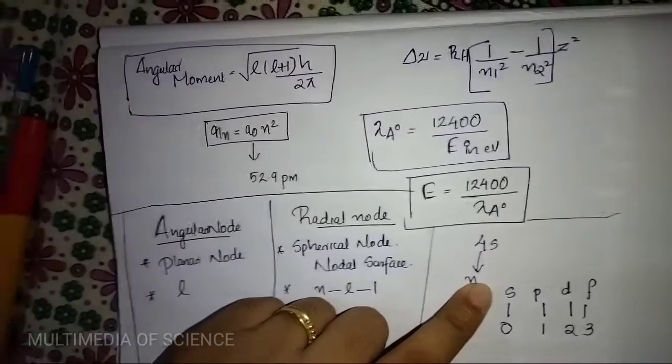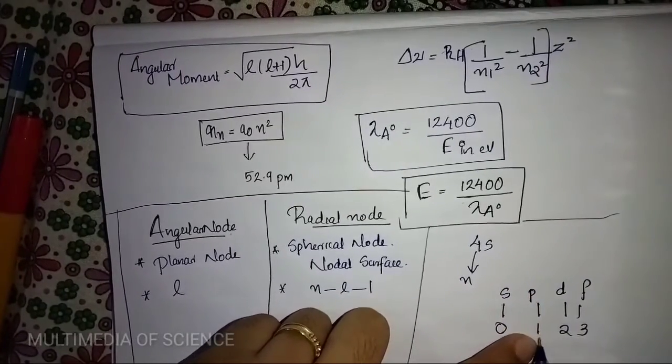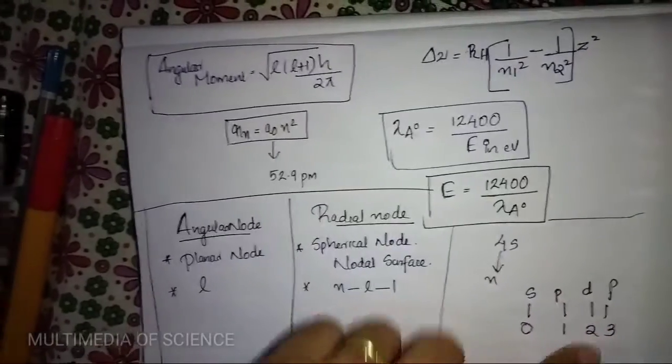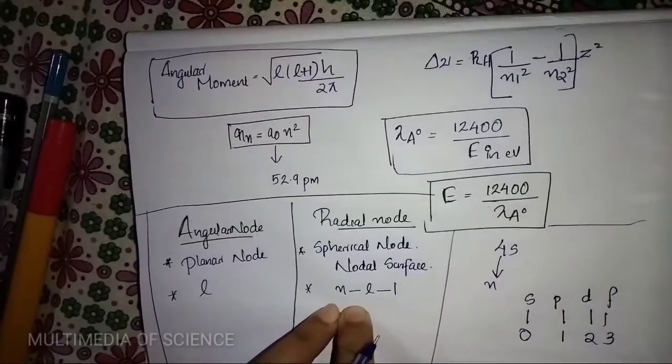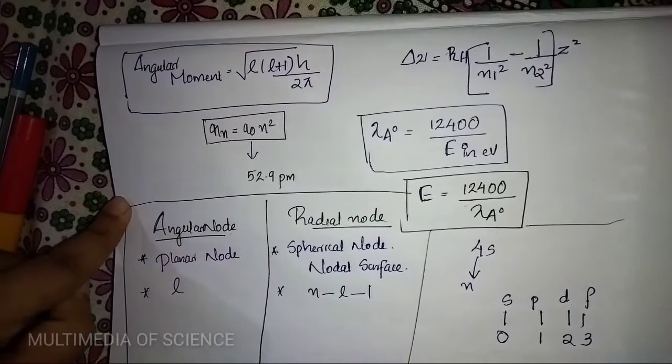So the L value for S is 0, for P is 1, for D is 2, and for F is 3. Just substitute here, then you get the radial node and the angular node.